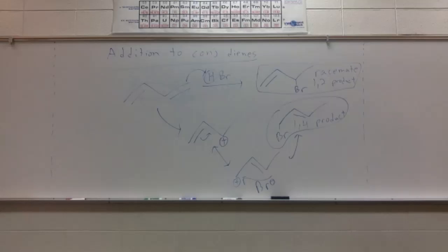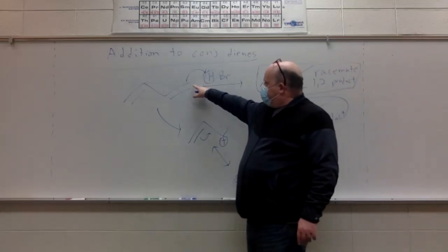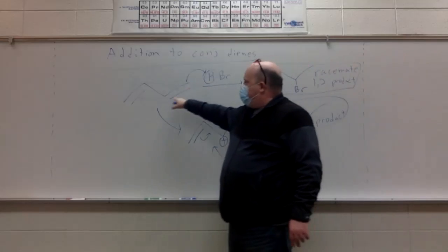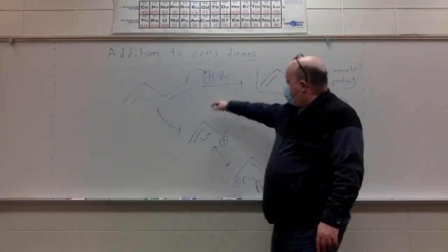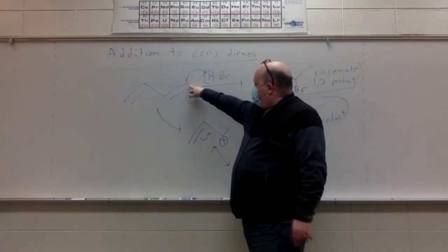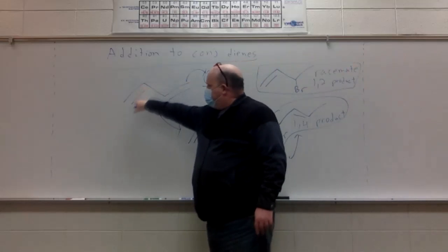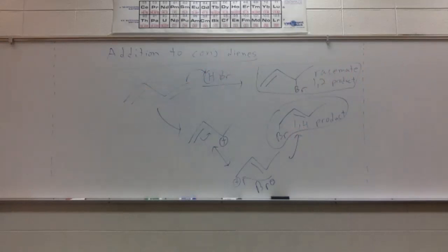A 1,4 product is when one of the atoms gets the H, but the carbon that gets the Br is a couple of carbons over. Like in this case, the first carbon here got an H, we didn't get another addition until 2, 3, 4. Right? So that's all that means when we say 1,2 and 1,4 products.